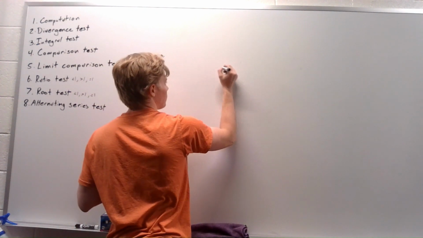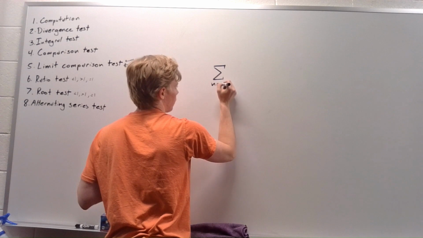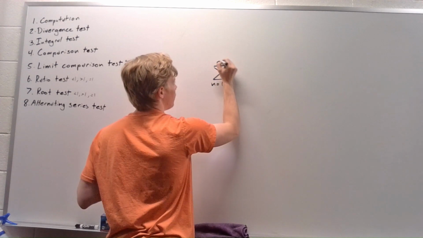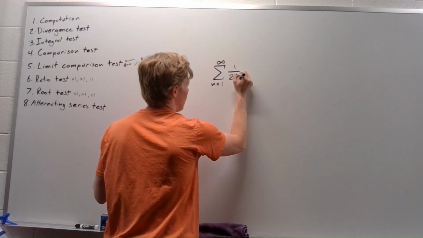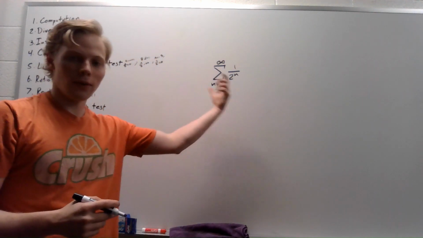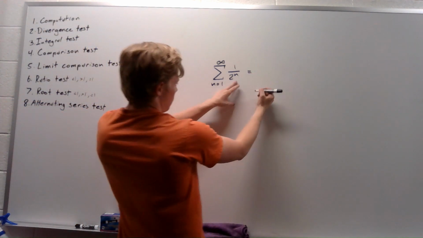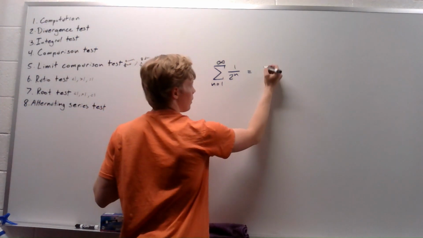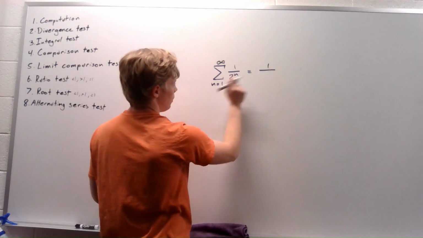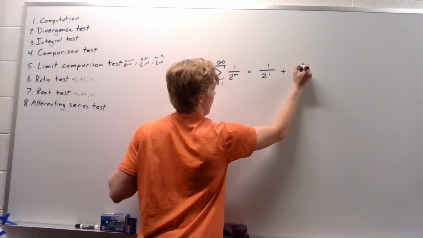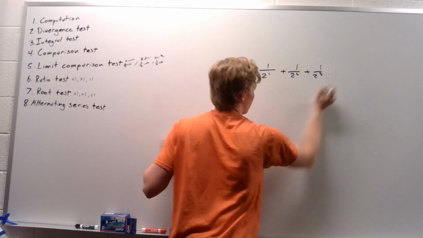One of the main ones is if you have the sum from n equals, let's say 1, to n equals infinity, of 1 over 2 to the n, you can actually directly compute this. And so if you write out all the elements of it, you have 1 over 2 to the 1, and then you add 1 over 2 to the 2, and then you add 1 over 2 to the 3, and so on and so forth.